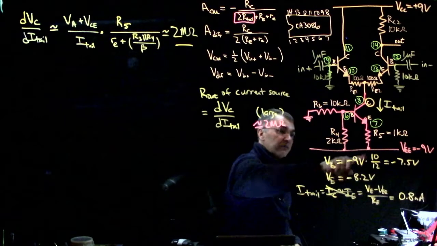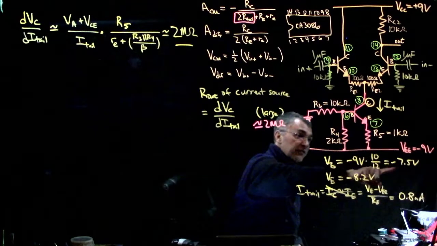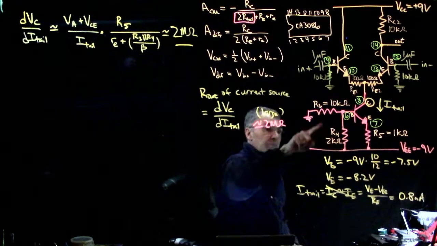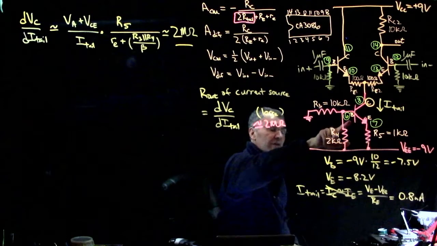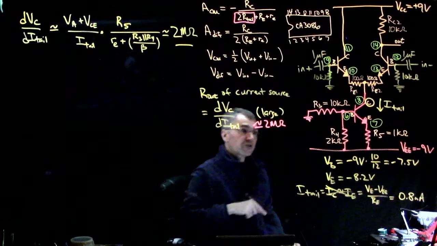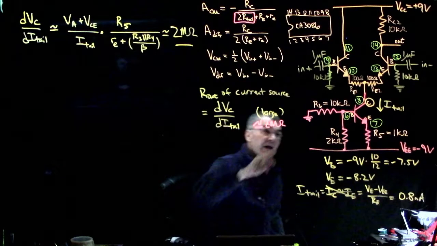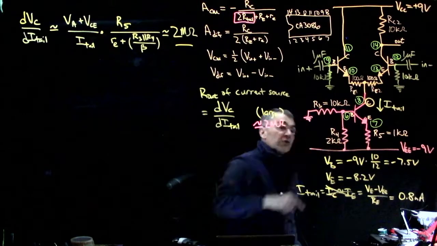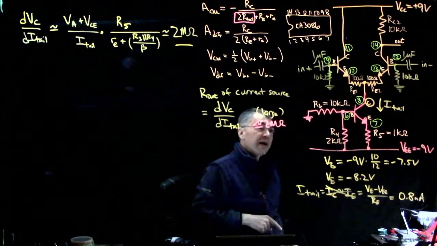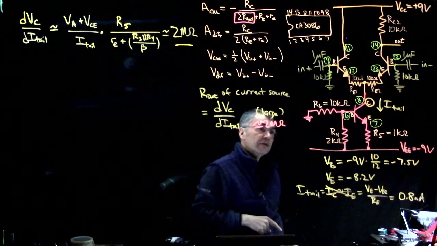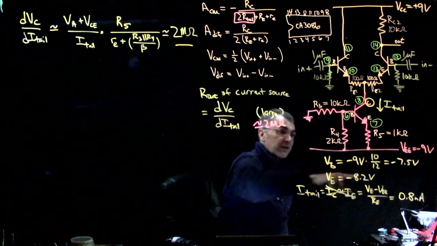So minus 9 volts times 10 twelfths is minus 7.5 volts. So the base voltage in the absence of base current is minus 7.5 volts. Therefore, the emitter voltage would be minus 8.2 volts. It's just a diode drop below that.